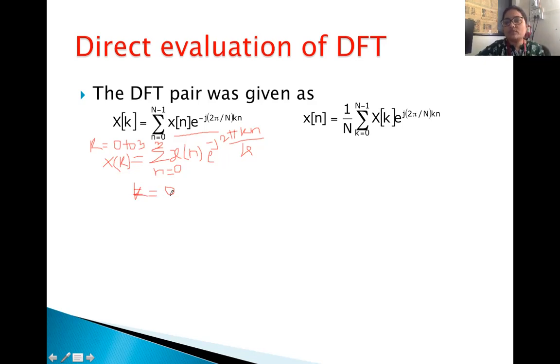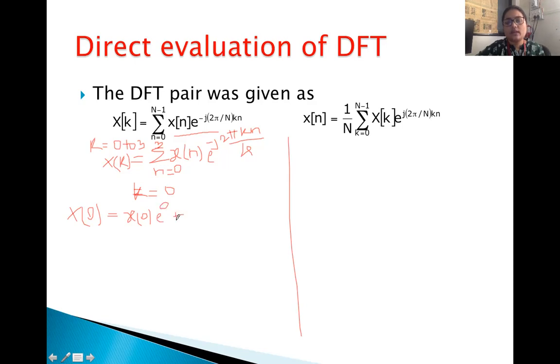If I substitute k equal to 0, what will I get? The first DFT point, X of 0. How do I calculate this? I will substitute the values of n one after another in this equation. For the first value, x of 0, n is 0 and k is 0, so it is e raised to 0, first computation.